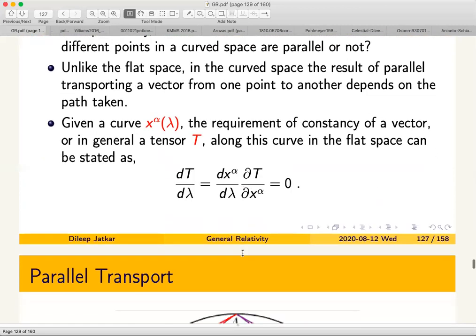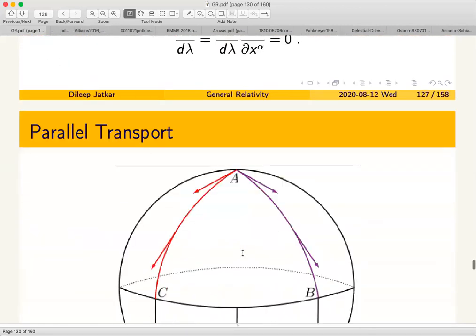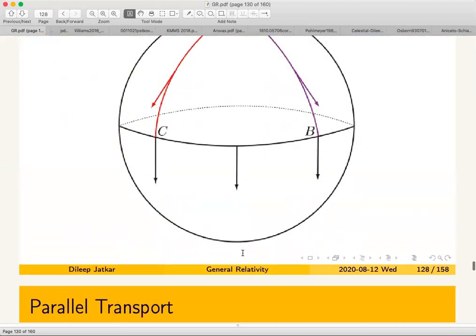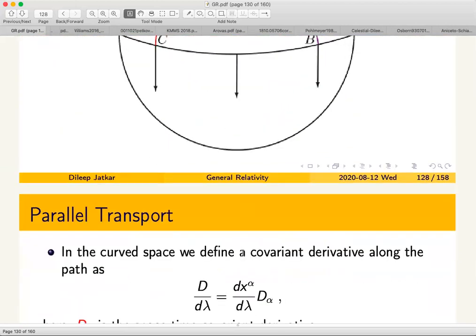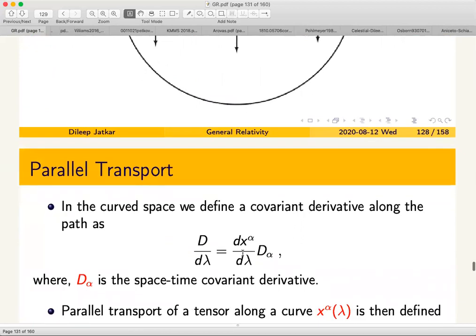So what we want to do is to actually define, yeah, this was just a figure to explain what parallel transport was. So what we wanted to define was a covariant derivative along the path, and that we called capital D by d lambda, and that would replace the partial derivative by the covariant derivative.